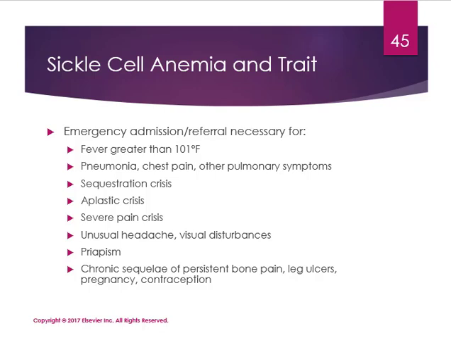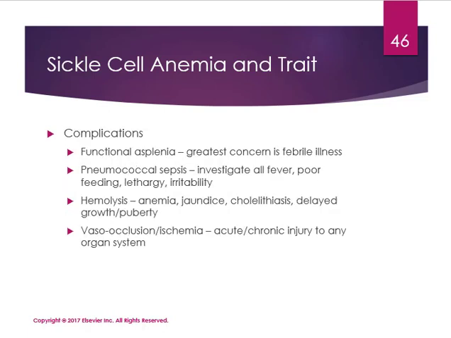So you would know that if they had a decreased hemoglobin or hematocrit but were having splenomegaly, if there was an aplastic crisis, if they had a decreased hematocrit and retic count, if they're having severe pain crises, unusual headaches or visual disturbances, priapism, bone pain, leg ulcers, if they were pregnant or on contraception.